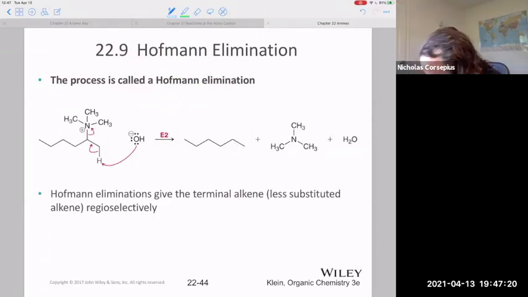Why do I have my double bond there instead of here? Normally, the formation of the more highly substituted alkene is preferred, since those are more stable in terms of free energy. This is what's called a Hofmann elimination, meaning that it goes on the less highly substituted, or terminal, carbon. You form the less highly substituted alkene, which we generally think of as being less stable.